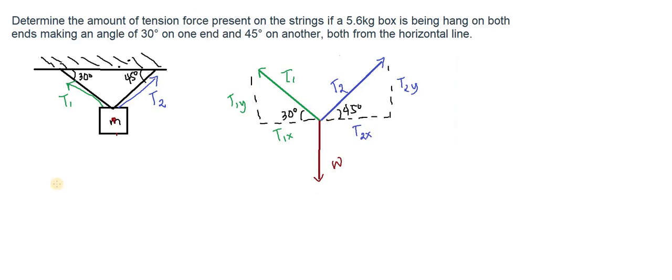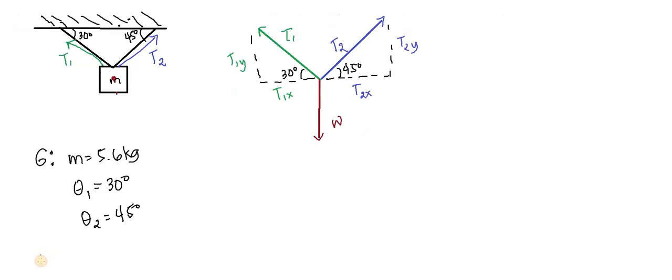For our given, we have the mass equal to 5.6 kilogram, theta 1 equal to 30 degrees, theta 2 equal to 45 degrees. And now we are asked to find the value of tension 1 and tension 2.